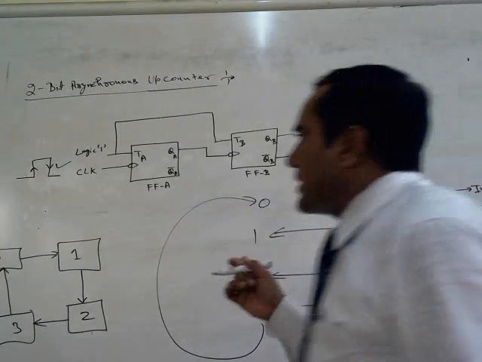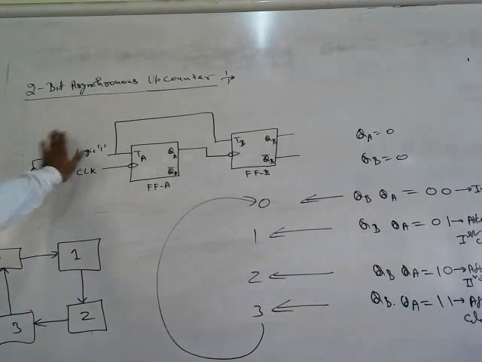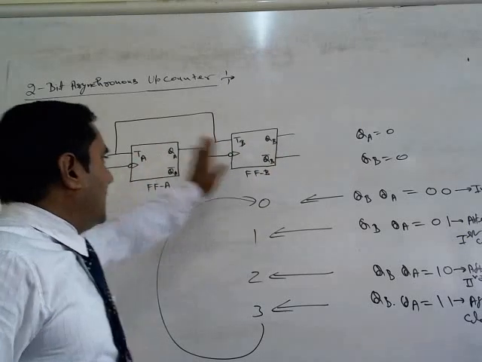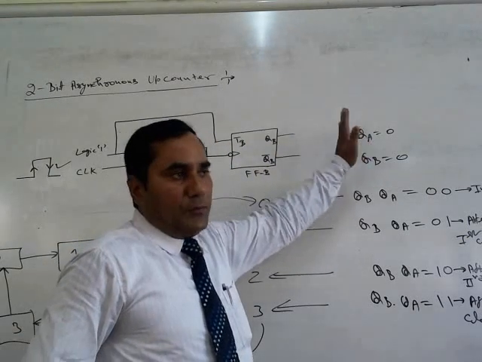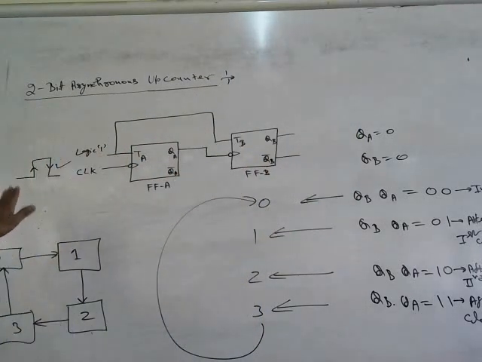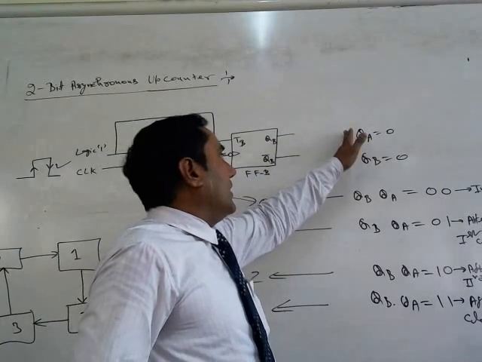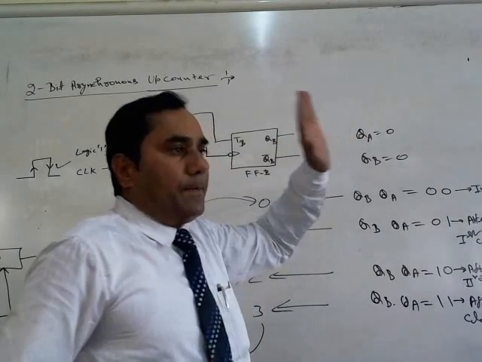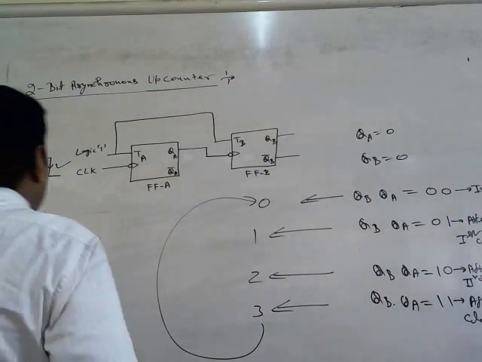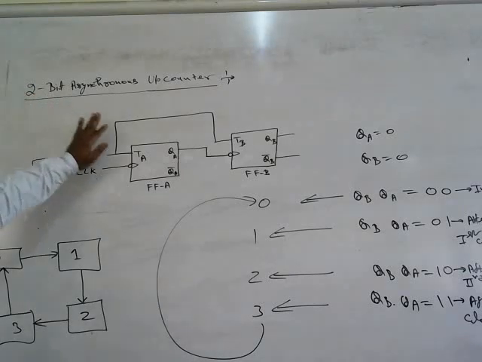Similarly, we can develop the 3-bit asynchronous up counter. In the case of the 3-bit asynchronous up counter, we take a total of 3 flip-flops: TA, TB and TC. The third flip-flop is also connected in a similar manner, and the output of TB is connected to the clock of the third flip-flop, TC.